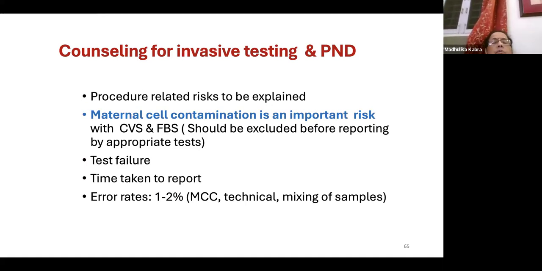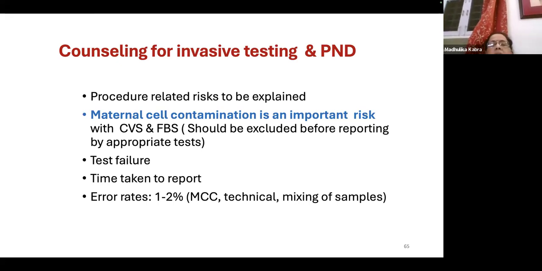One thing which I would like to emphasize here is that apart from the procedure-related risk, we have to explain to them the risk of the test being wrong. So maternal cell contamination is one of the important risks because of which you can have some error rates. Overall, the error rates are very low, and in experienced centers we hardly have wrong results.